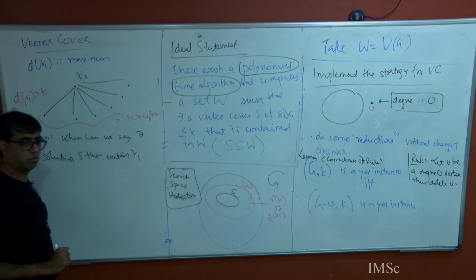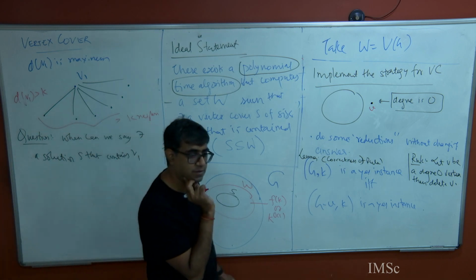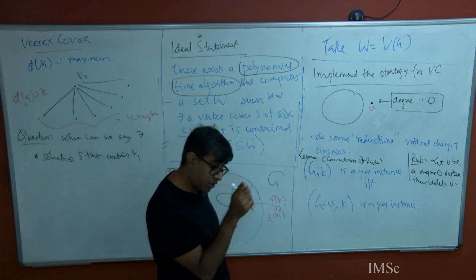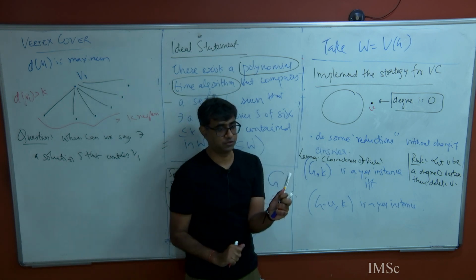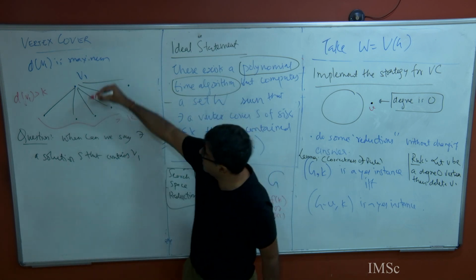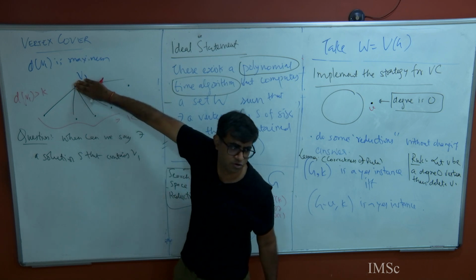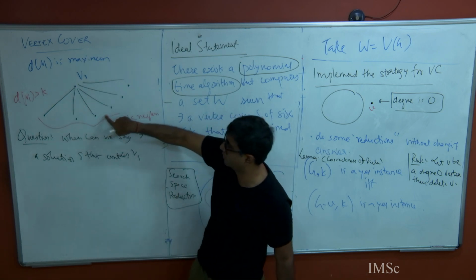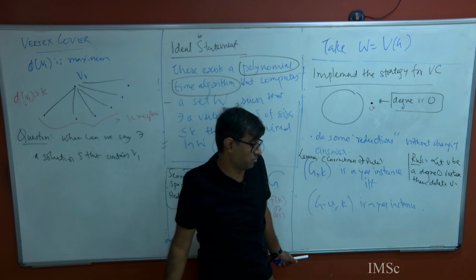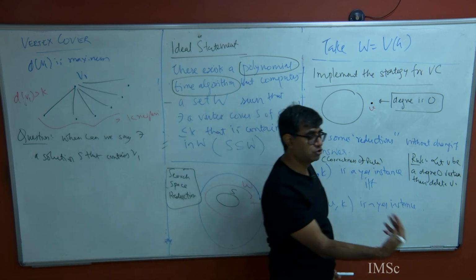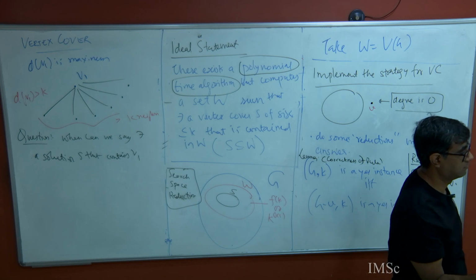If you don't pick V1, who is going to cover these edges? Either this vertex or that vertex must go into the solution. If V1 does not go into the solution, then you have to pick each of its neighbors, and the size of the solution is greater than K. Not possible, so if you are looking for a solution of size at most K, you better pick V1.